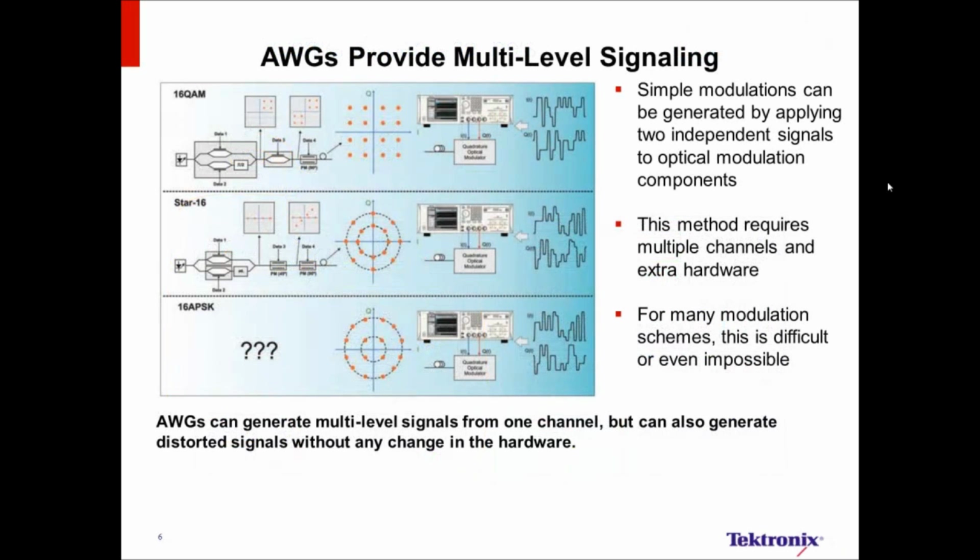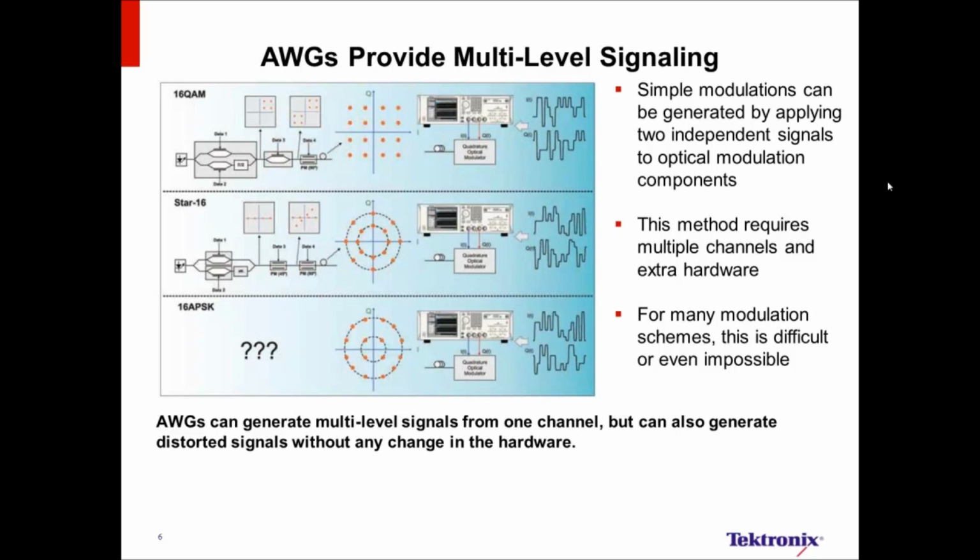So the nice thing about an AWG, and it's very good for this application, is the capability of providing multiple signals creation. And for creating PAM signals or QAM signals, the AWG is perfect for this with its analog output and digital input, and with the effective number of bits, we can create very, very good signals.